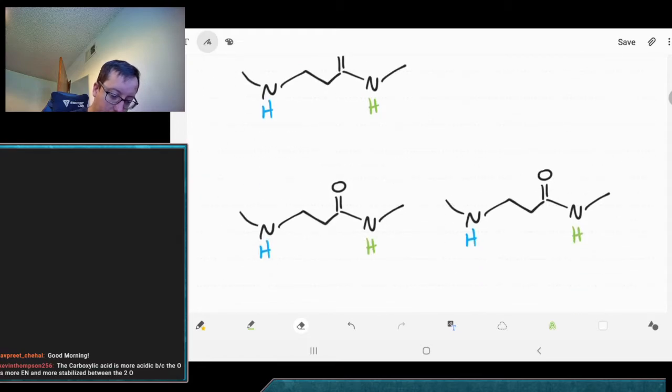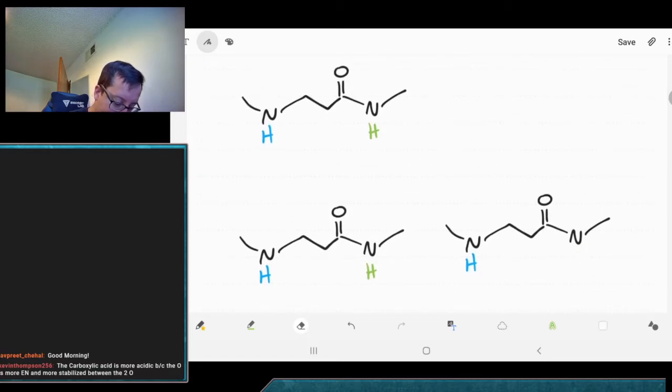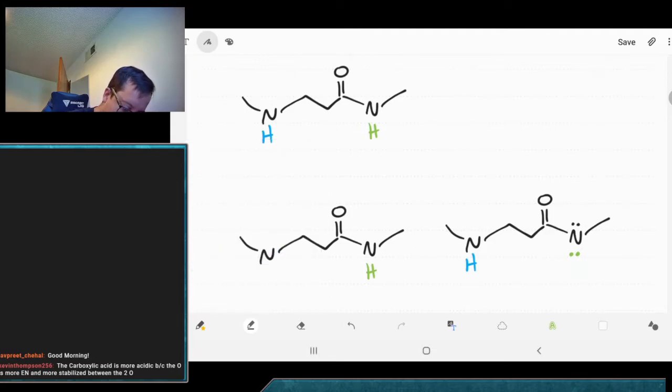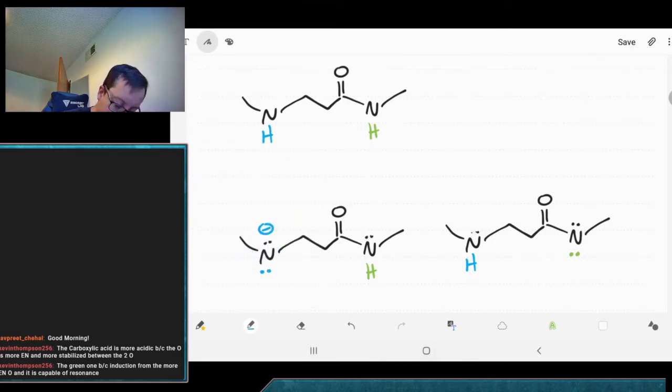Okay, so if I remove the green one and the blue one, don't forget nitrogen is already going to have a lone pair by itself. Alright, finally, I've drawn our conjugate bases.